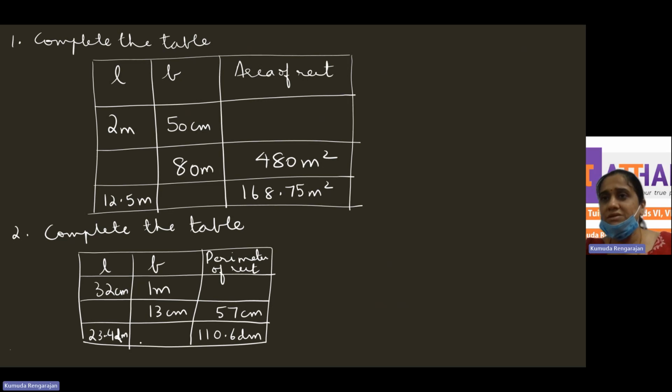Millimeter, centimeter, decimeter, meter. One decimeter is 10 centimeter. 10 centimeter means 1 decimeter.